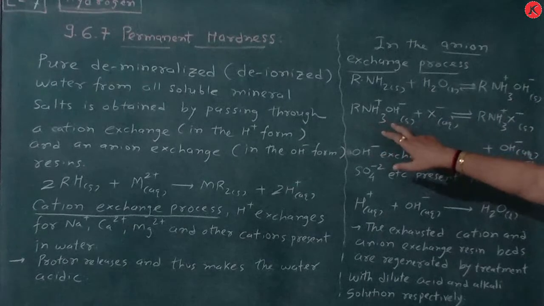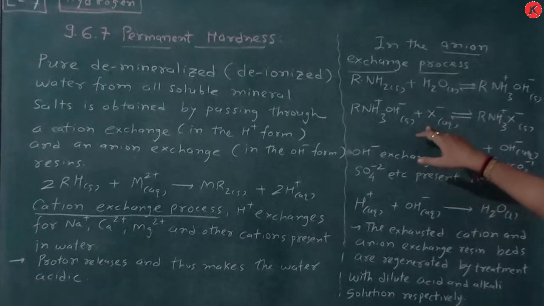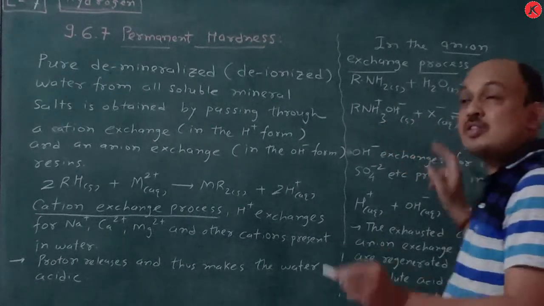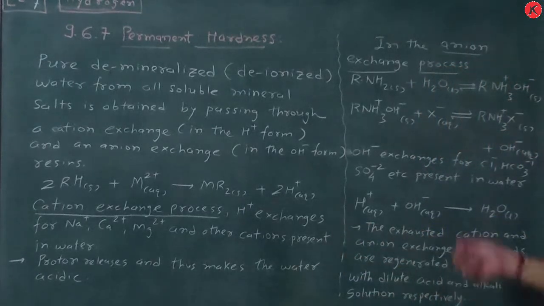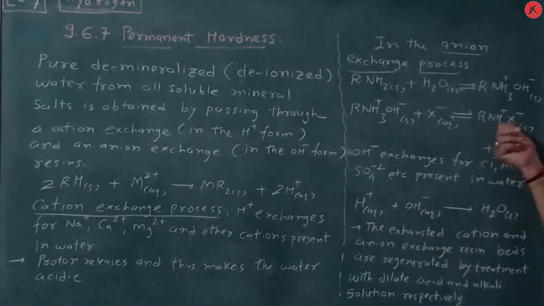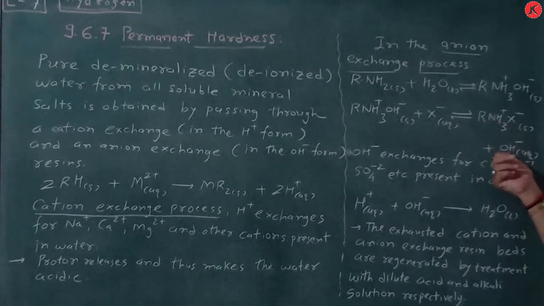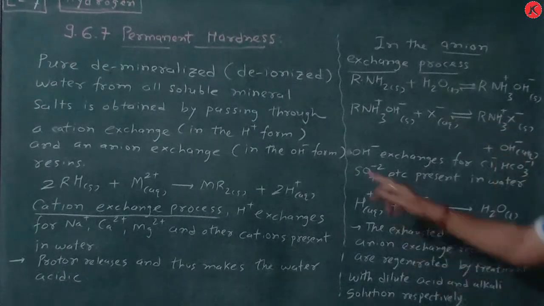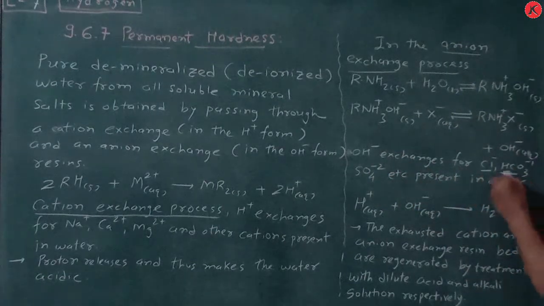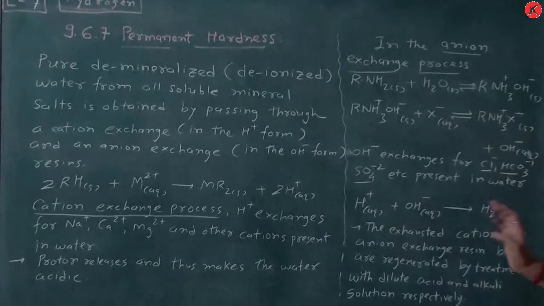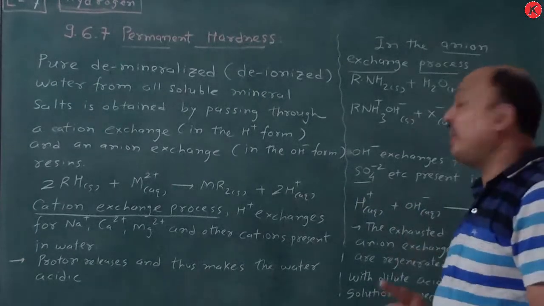These RNH3+ and OH-, when they react with X-, which is present as soluble salts in hard water, at that time it produces RNH3+ X-, and here OH- is free. So here OH- exchanges for which one? Cl-, HCO3-, SO4-2, just like soluble salts which are present in hard water.